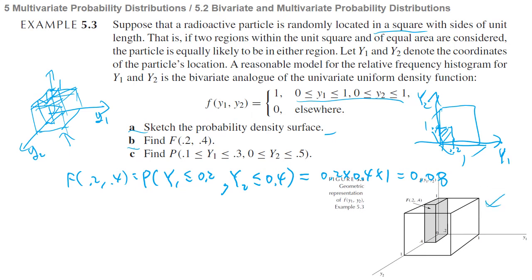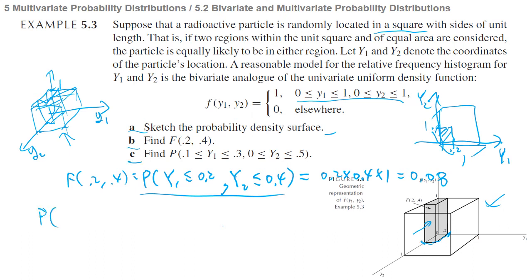So this is our probability density surface, and here's 0.2, here's 0.4, and the area corresponding to this region is here. So the volume of this rectangle is 0.2 times 0.4 times 1. It is 0.08.